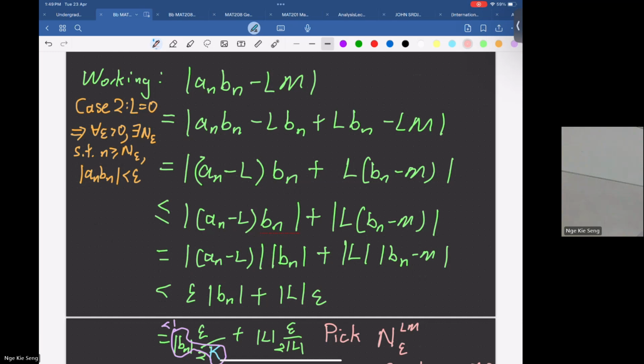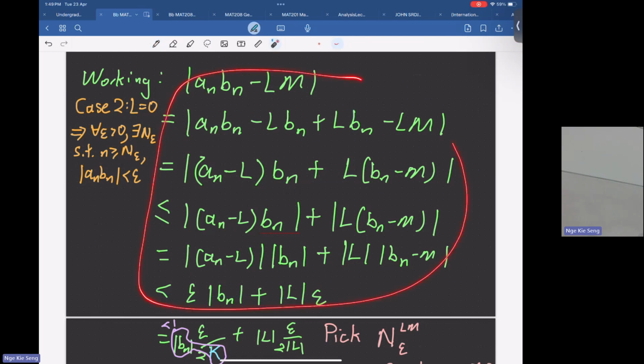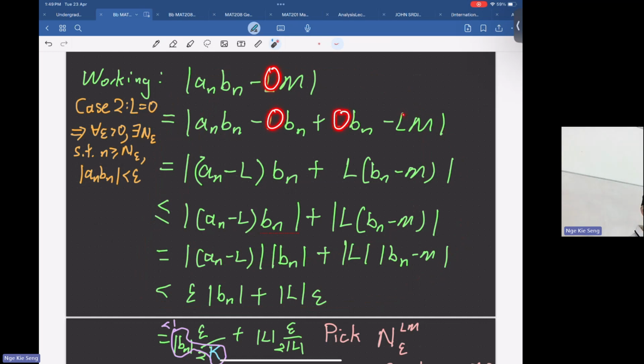Look at the working here. We try to do inverse engineering: look at the working, and then you substitute L to be 0. What can you see here? I can go to the first line for An Bn, because you can just subtract 0 times M. Does it make sense?